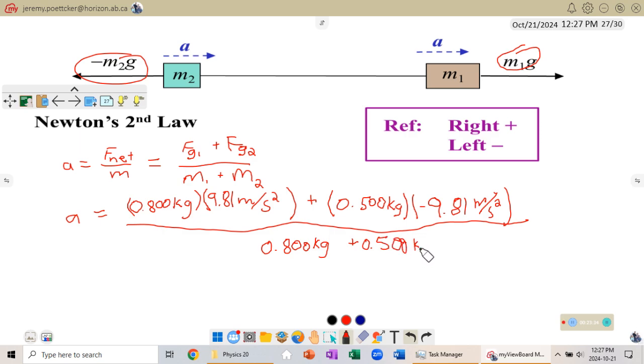If I'm putting this in my calculator, I've got to make sure I have brackets around everything at the top as well as everything at the bottom if I'm doing it all in one step. Otherwise, I can do the top part first, divide by, and then put the bottom stuff in brackets. Both ways will work, but make sure that you do put brackets if you're trying to do it all in one big step.